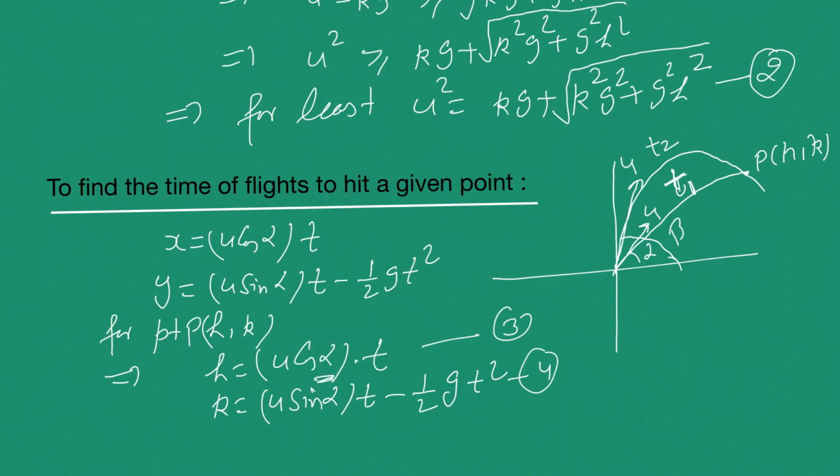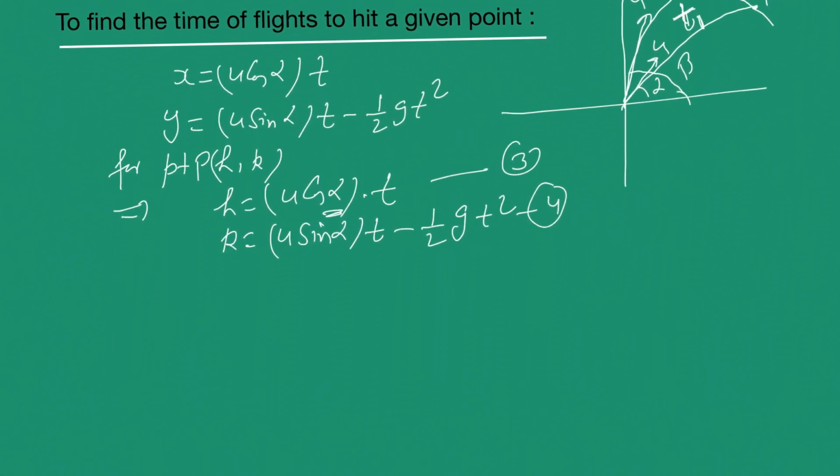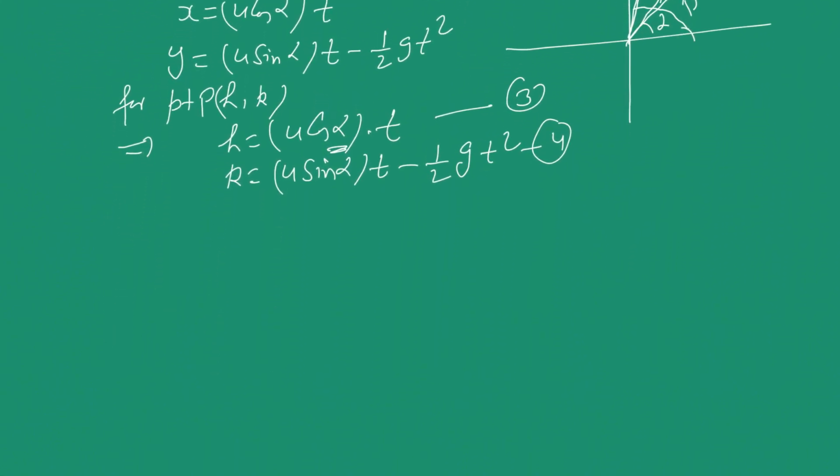For two different directions, this t could be different. So alpha is a variable quantity. From equations 3 and 4, we need to eliminate alpha. And to do so, what shall we be doing? We shall write it as k plus 1 by 2 g t square is equal to u sin alpha t.